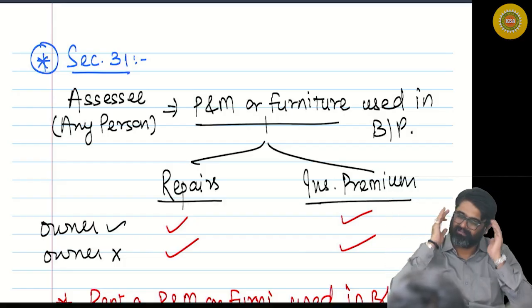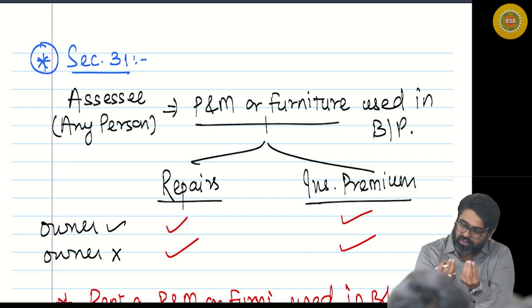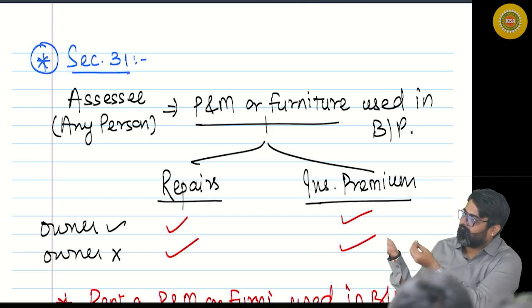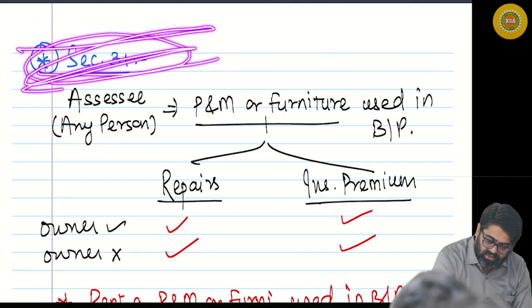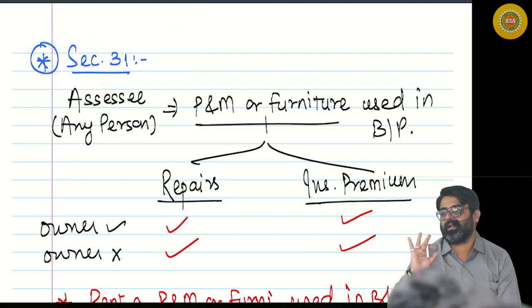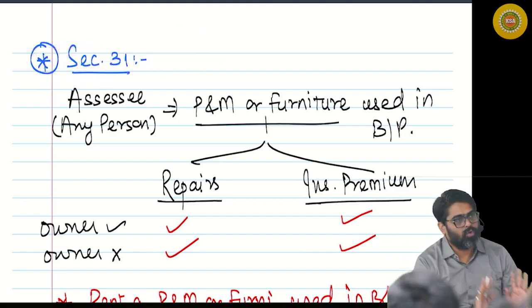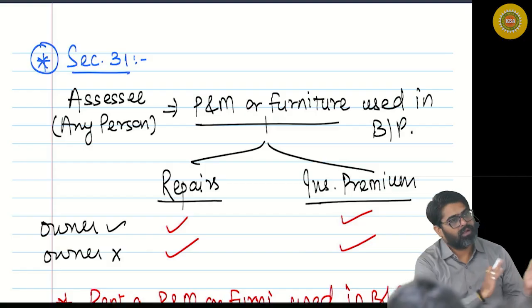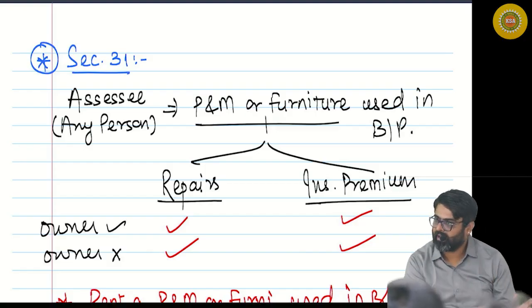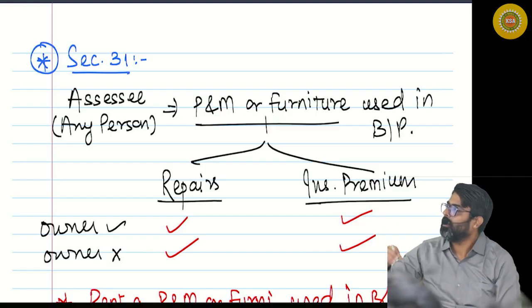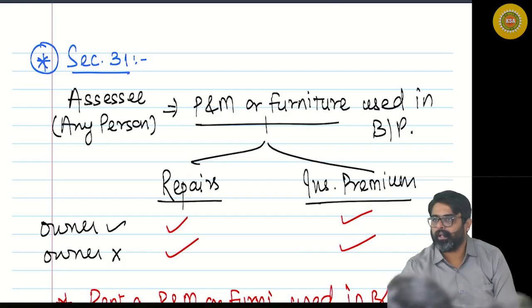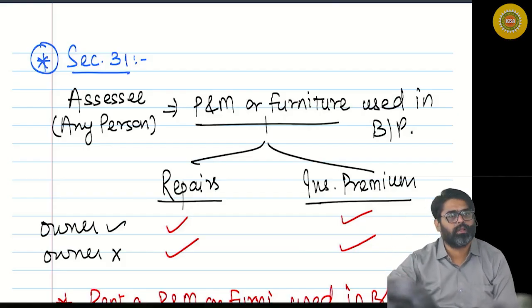See, if you apply some mind, some common sense, then even if you don't remember the section, and I ask you in general, that to do this business, whatever income you are earning from this business, take those incomes minus all the expenses which are happening in this business, keep on reducing them.